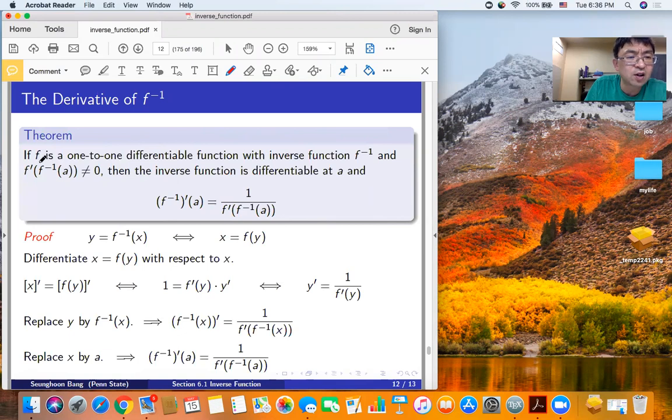If function f is not 1-to-1, don't use this theorem. Why do you check function f is 1-to-1? Because a 1-to-1 function has the inverse function. This is the reason.